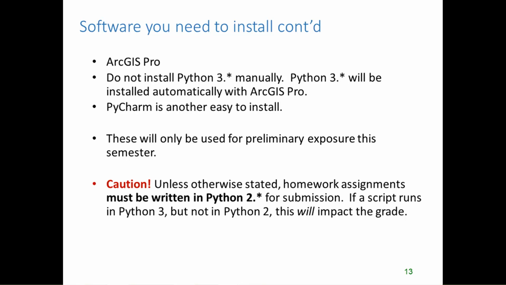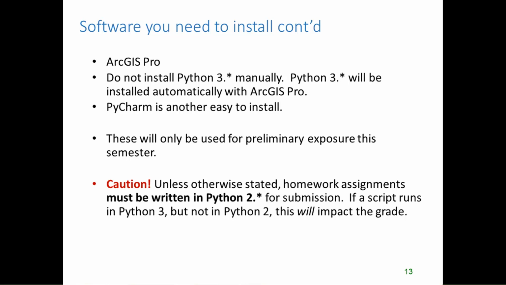So just to be very clear, the Python homework will be graded using Python 2. And this means that you must use Python 2 syntax, otherwise your code may not run when we try to grade it. If your code doesn't run for us in Python 2, this will result in a loss of points.